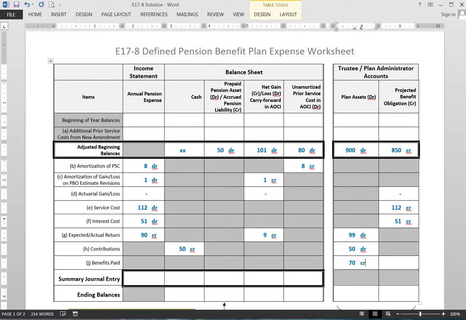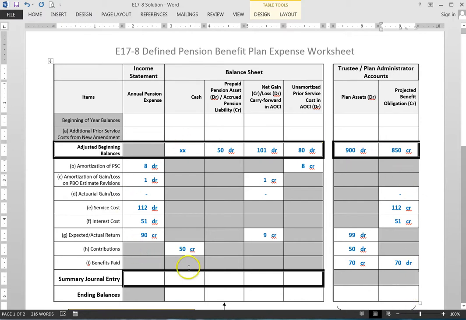So benefits being paid out of the plan assets, that's a credit entry to plan assets. And then a debit entry, it's a reduction of the obligation. We are paying off some of the benefits, not all, but making good on some of the benefits that we promised, and that's a reduction of the projected benefit obligation.